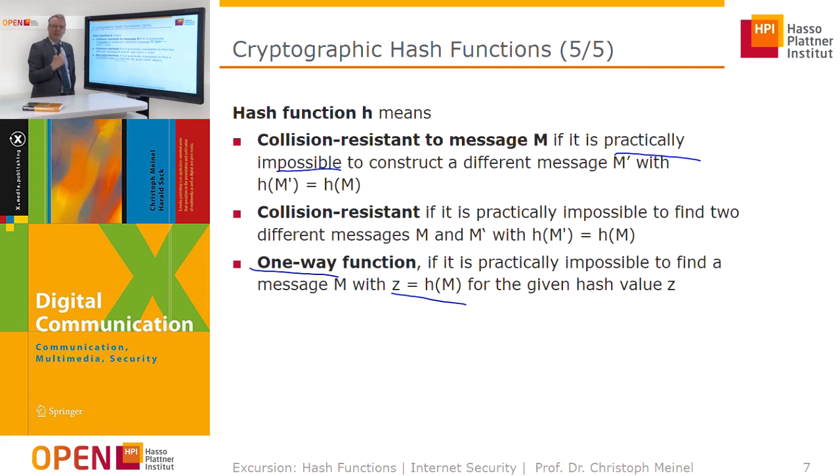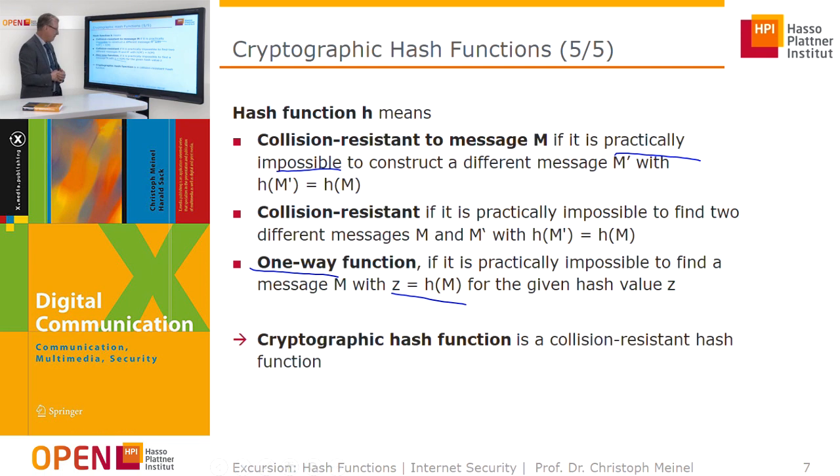But the reverse direction, reconstructing the message from the hash value, should be practically impossible. It needs so much computational power and so much time that it's useless to apply. So now we can define it correctly: a cryptographic hash function is a collision-resistant hash function.